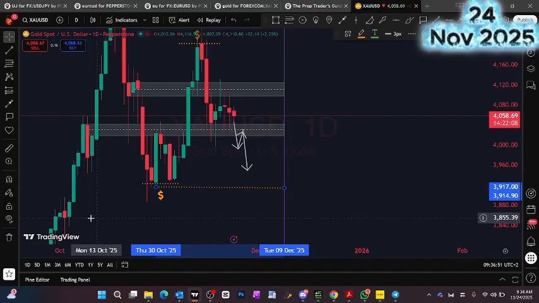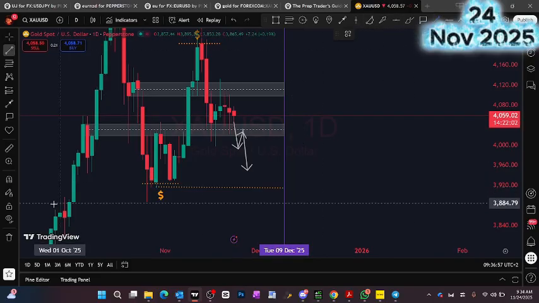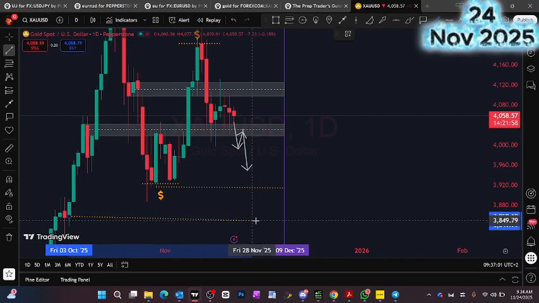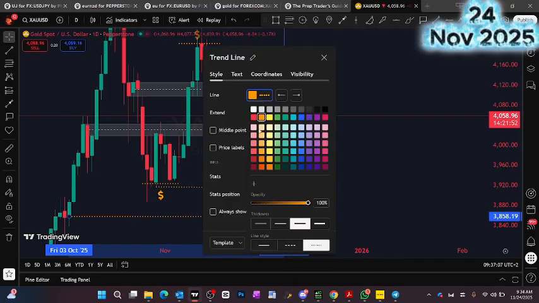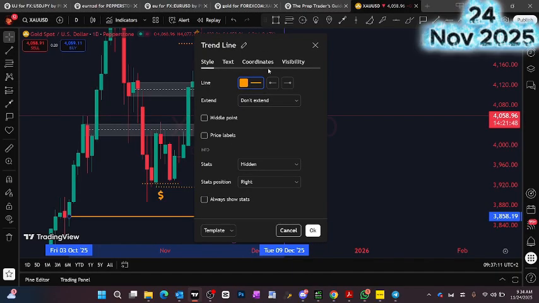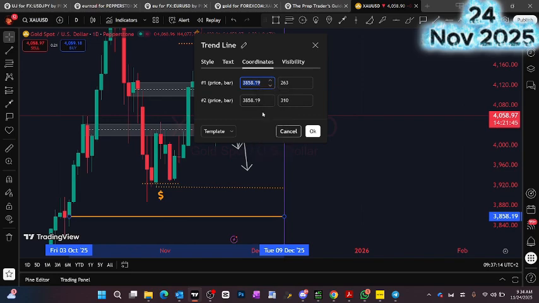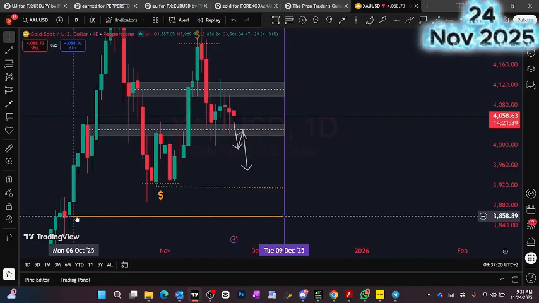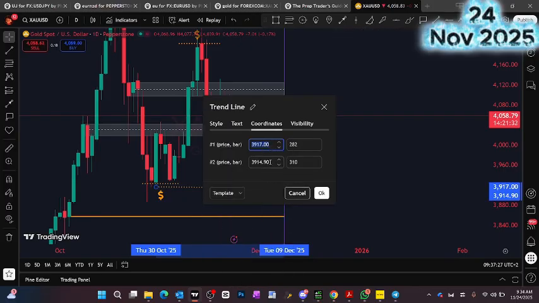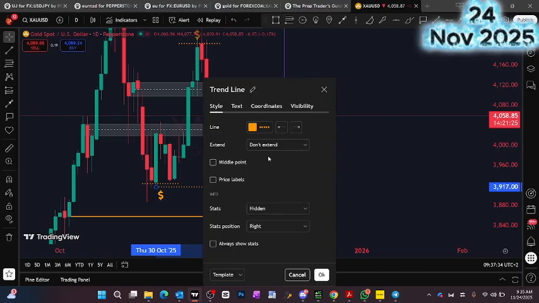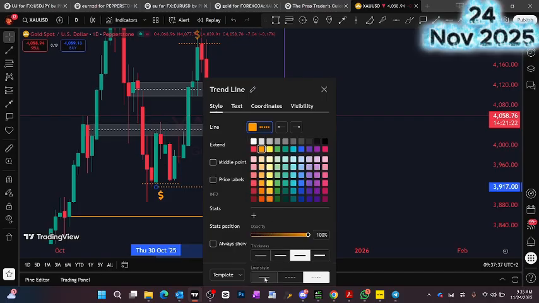You can hold for this resistance if you are a swing trader and you trust yourself with holding gold, because gold can be volatile at times. You can hold towards this resistance.